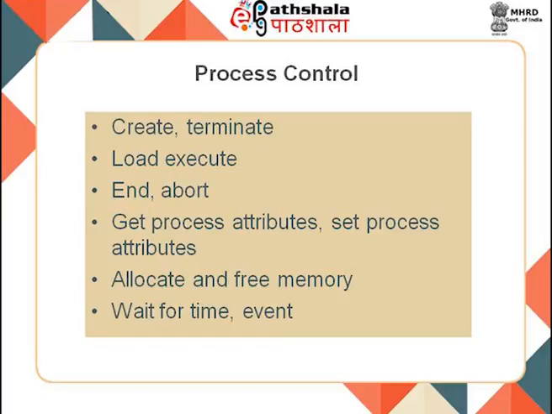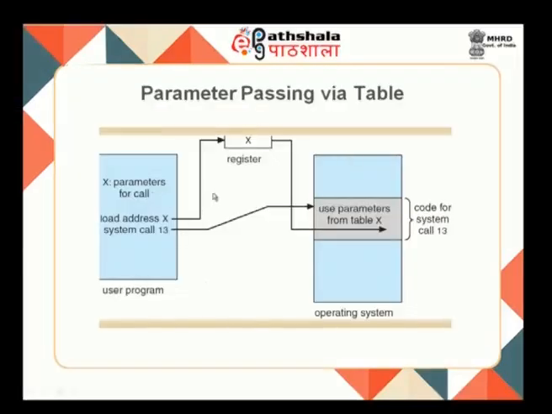And here you can see it shown as a diagram. You have the parameters for the call, you place them into a memory space at memory address x, and this address x alone is placed in the register. The system call that you are invoking is system call number 13, and corresponding to system call number 13 there is code in the operating system.